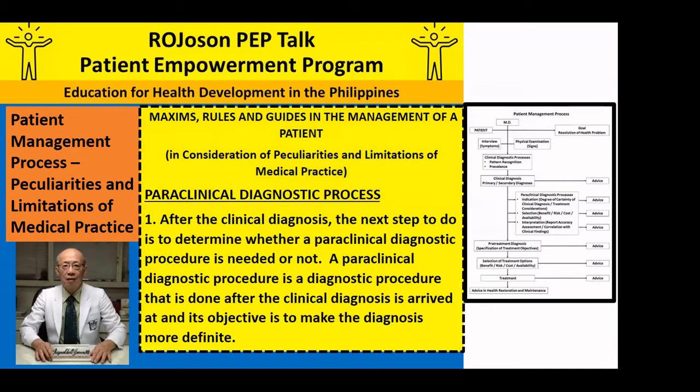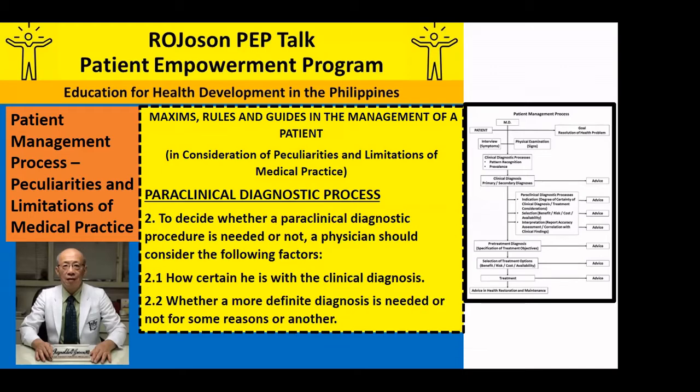As to the paraclinical diagnostic process, after the clinical diagnosis, the next step is to determine whether a paraclinical diagnostic procedure is needed or not. The paraclinical diagnostic procedure is a diagnostic procedure that is done after the clinical diagnosis is arrived at, and its objective is to make the clinical diagnosis more definite, more certain.